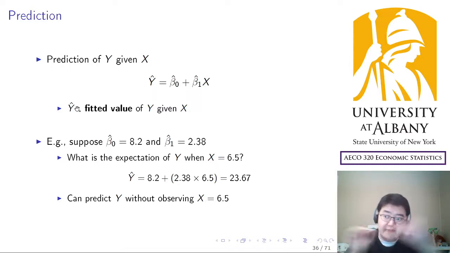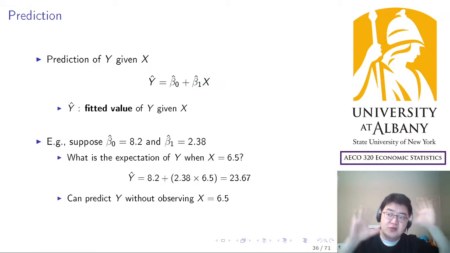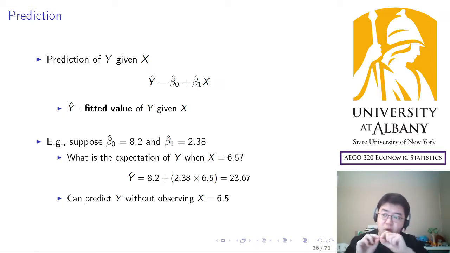As I said, the linear regression is fitting a line to the observations. So this prediction is a point on the trend line, the regression line. In our example, simply suppose that the fixed cost is estimated to be 8.2, rounded at the first decimal place, and the marginal cost is estimated to be 2.38. Then what is the expected value of Y, the predicted value of Y, when X, the output, is 6.5?